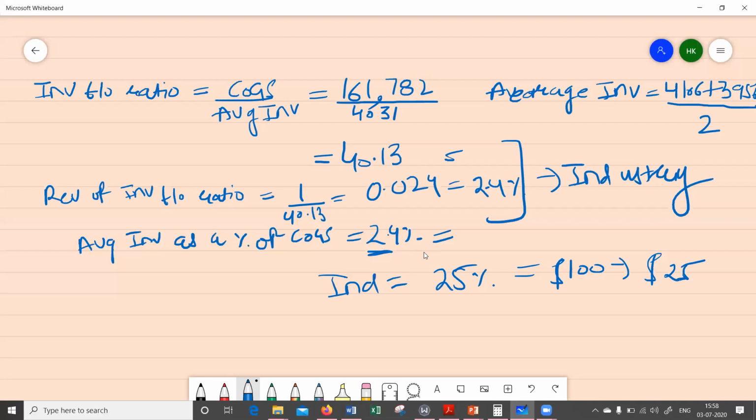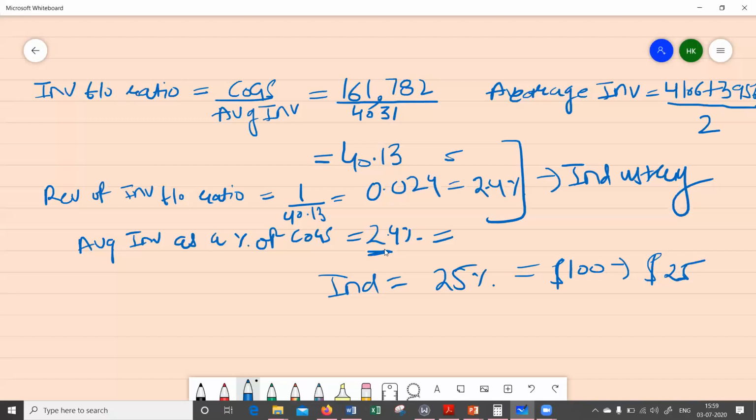So since Apple has a very low amount of inventory as a percentage of COGS, Apple could face problems if the demand in the market rises significantly, which means that Apple in that case would have to procure more inventory immediately and then process it and then sell it. And in this process, Apple could lose its sales. So that's the entire problem that Apple could face.